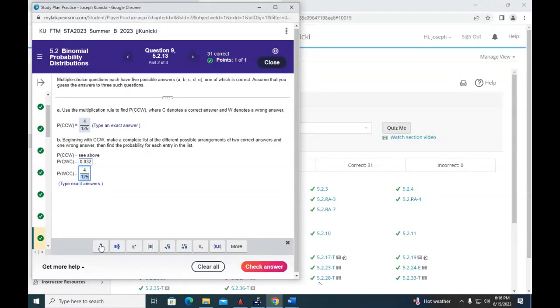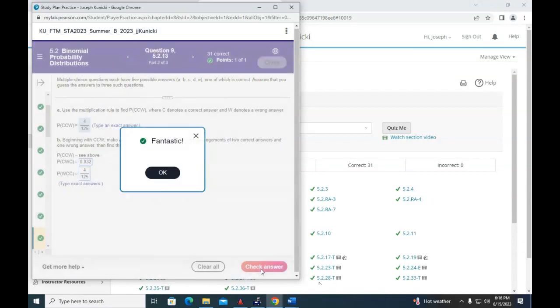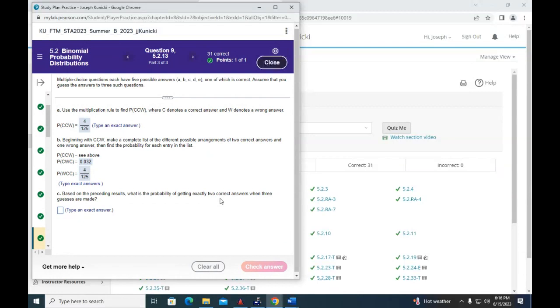I just wanted to show you, you can do decimals or fractions as long as it's exact, which means if you don't have a terminating decimal, you can't use it. Like if this were 0.333333, then you couldn't use it. You'd have to use 1/3 as a fraction, unless they told you could round. But here they say, type an exact answer. So that means it's either terminating or the correct simplified fraction.